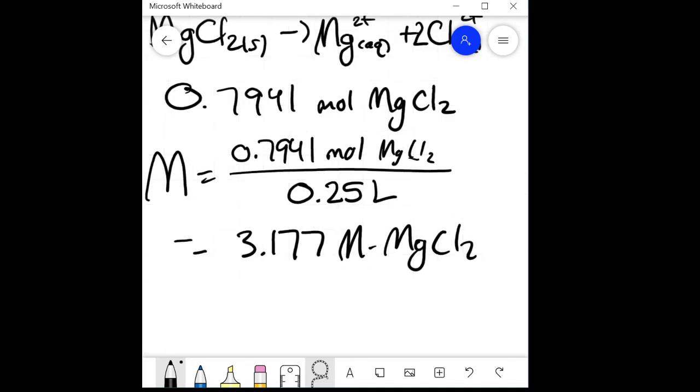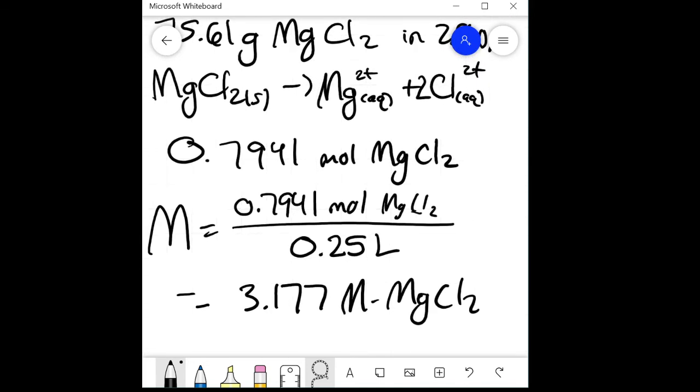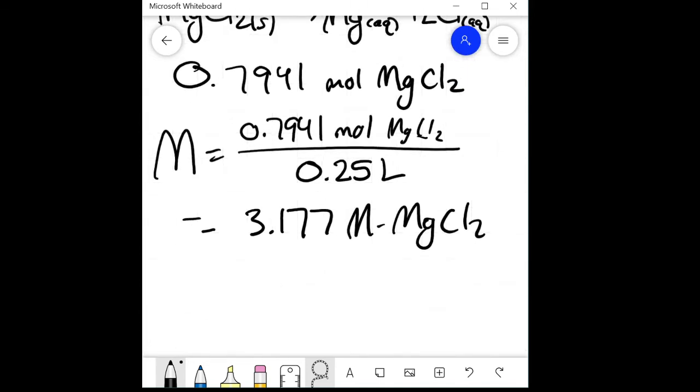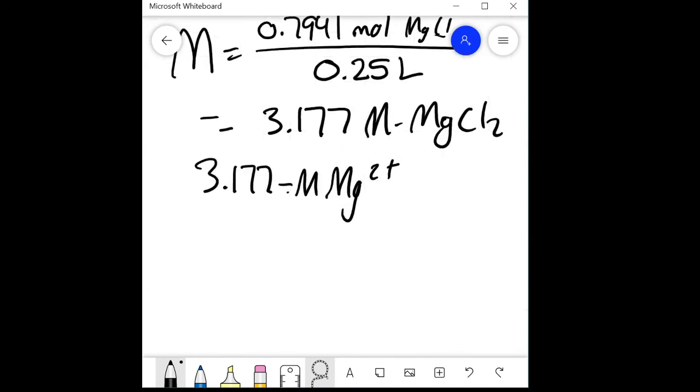So then you're just going to multiply by how many ions there are. So for magnesium, we know there's only one, so that is the molarity of magnesium ion. And then for the chloride ion, you're going to multiply this by 2 to get 6.353.